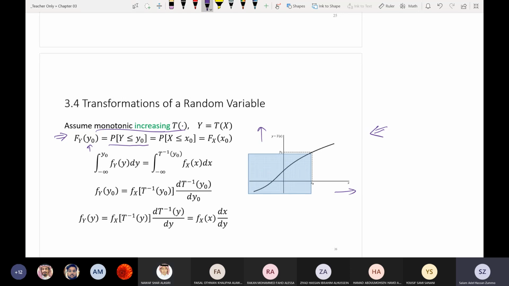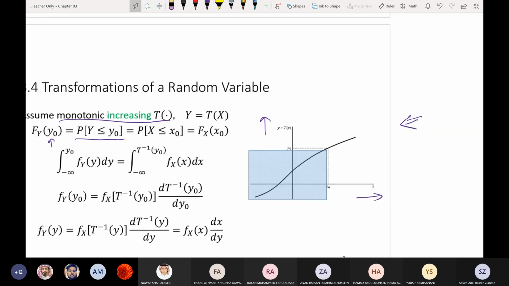Now, if this is y0, and this is the function, then the corresponding point is x0. So this is y0. Just let me enlarge it. The corresponding point on the x-axis is x0. So the range that covers the probability that Y is less than y0 is the same on the x-axis as X is less than x0.